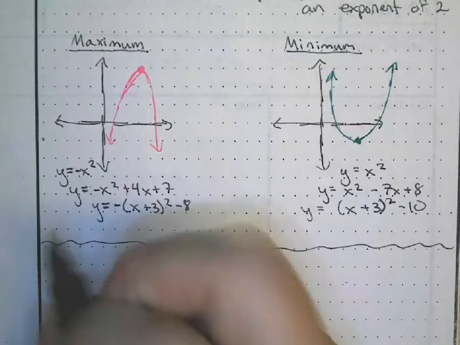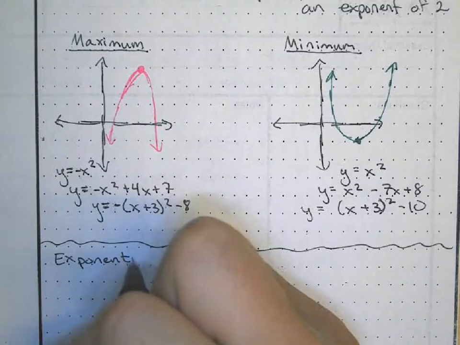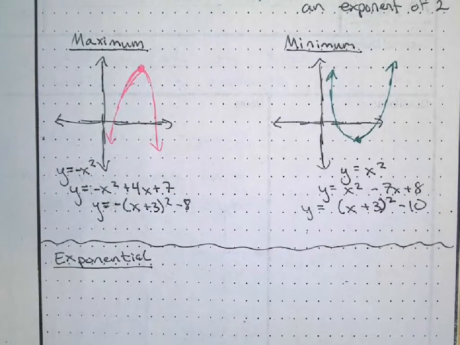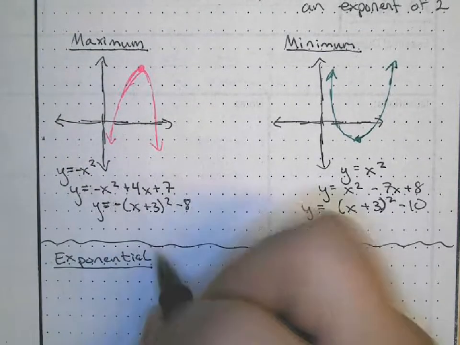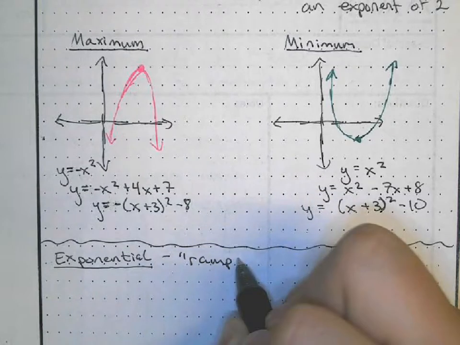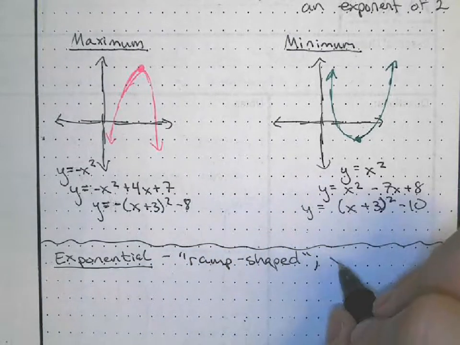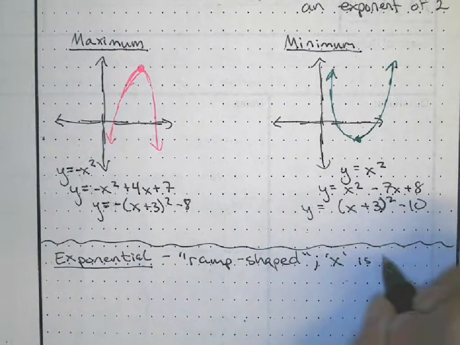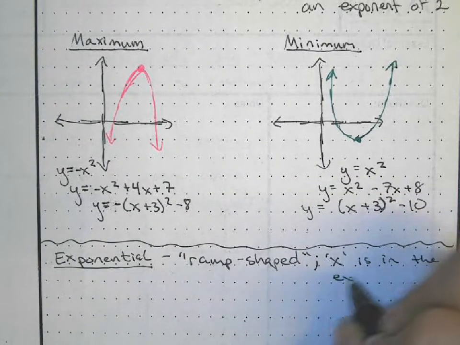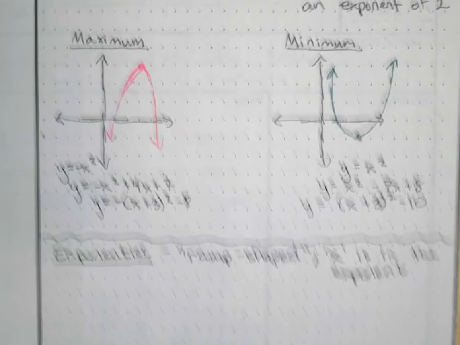The next thing I want to do is look at an exponential function. Some qualities of this: it is ramp shaped, kind of looks like a quarter pipe, and x is in the exponent. So you'll have that variable x sitting in the exponent.